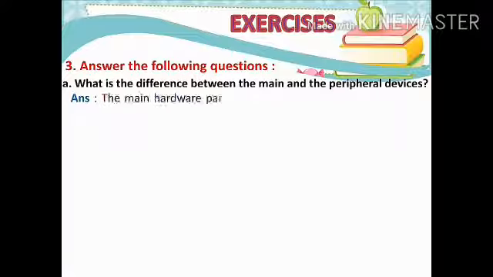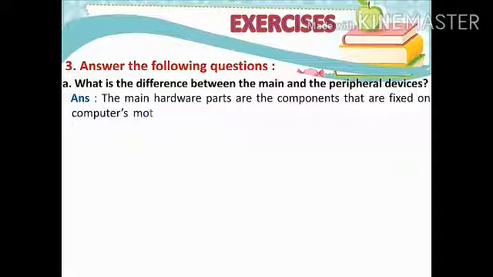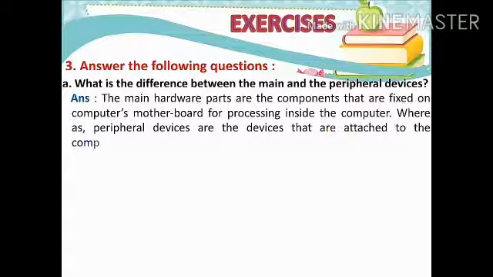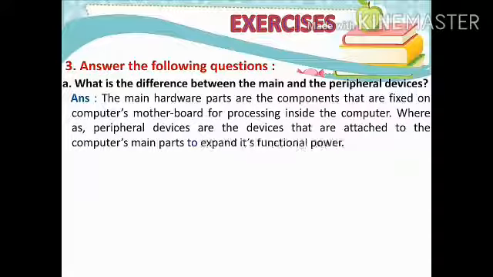The answer is, the main hardware parts are the components that are fixed on the computer's motherboard for processing inside the computer, whereas peripheral devices are the devices that are attached to the computer's main parts to expand its functional power.